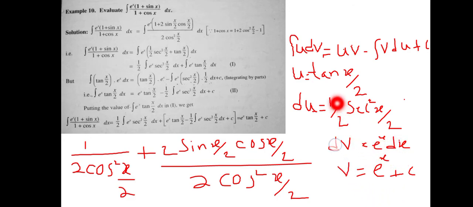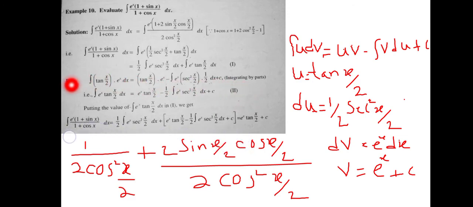Now just put the values in this formula. By putting the values in the formula, the integral of tangent x/2 multiplied by e raised to the power x dx is equal to e raised to the power x tangent x/2 minus, instead of u we are putting tangent x/2 and in place of v we are using e raised to the power x, minus 1/2 integral of e raised to the power x secant square x/2 dx plus c.